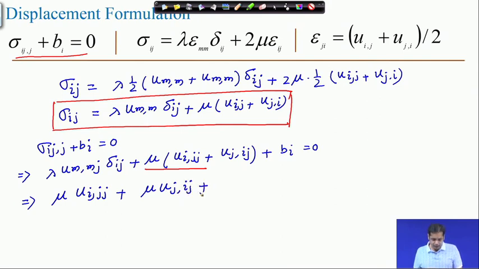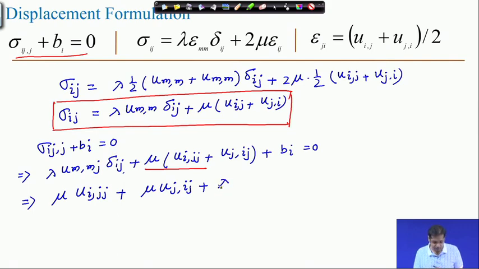Now, here check one thing: this is delta ij, the Kronecker delta, and it is 1 when i is equal to j, and in all other cases it becomes 0.